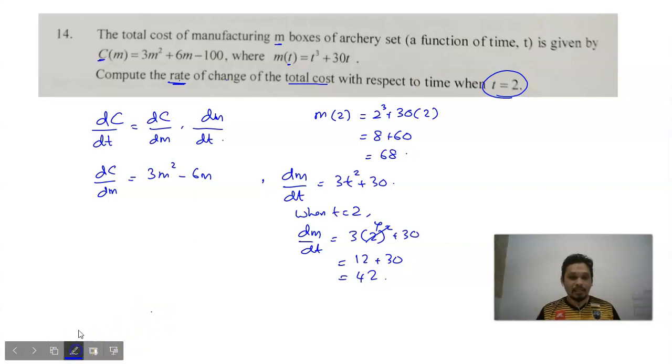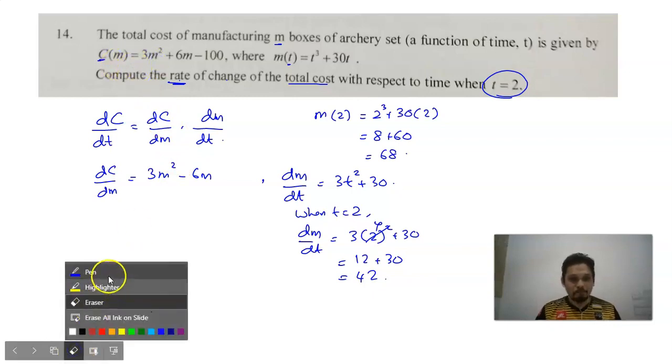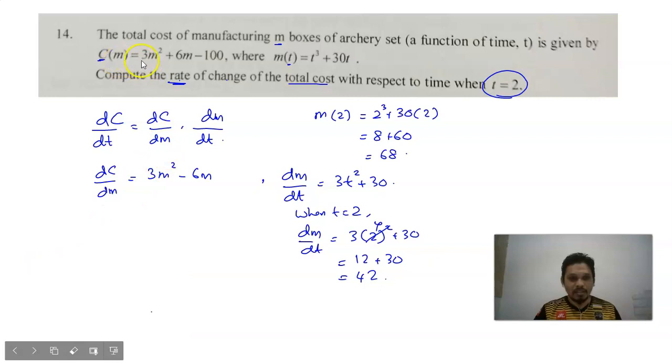Okay, class, I found out this mistake that I made here. This is dC/dm. This is C with the variable of m, 3m squared plus 6m minus 100. So I have no idea.